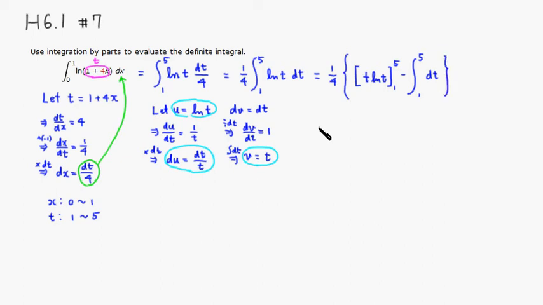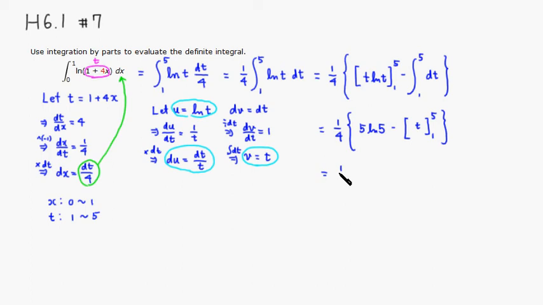So this is still 1/4 times a curly bracket. Plugging in 5, you get 5 natural log of 5, minus, if you plug in 1, natural log of 1 is 0, so I'm not going to write that down. Then you have minus the antiderivative of 1, which is t, going from 1 to 5.